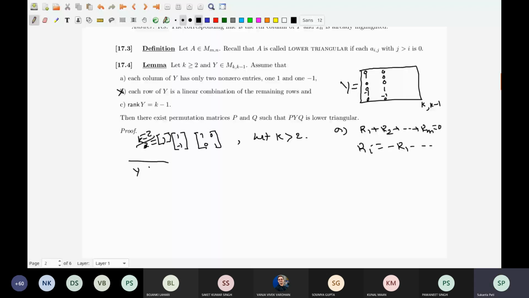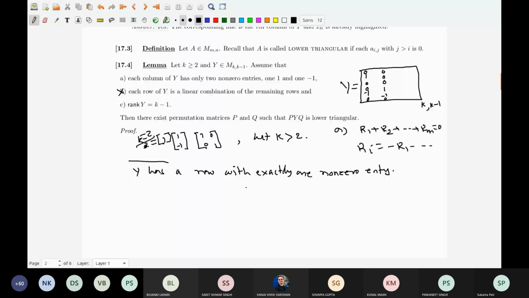Suppose Y has such a row. Then I can take that one non-zero entry to the upper left corner. I discussed how to do this: you can multiply by permutation matrices.